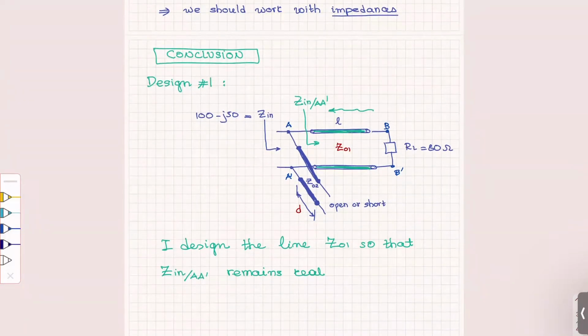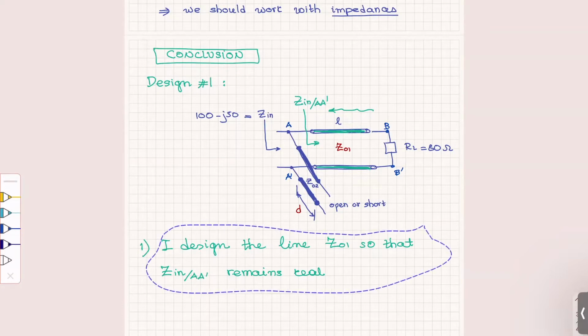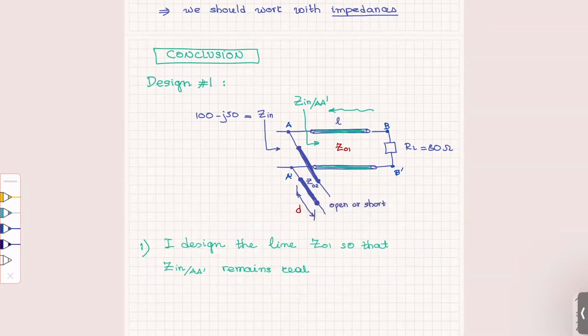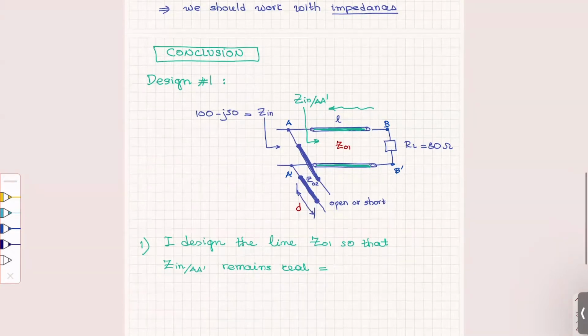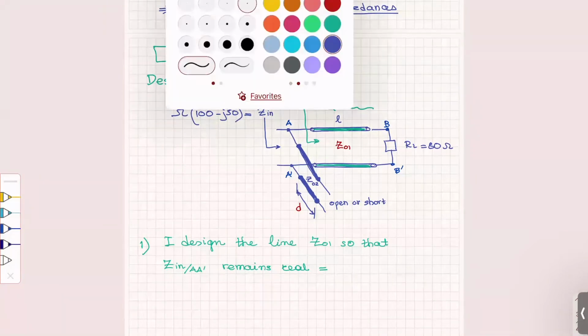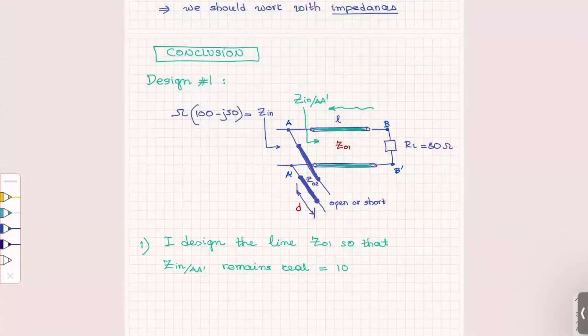This is just an outline of the design. So first, I design the line Z01 so Z input at AA prime remains real. And then, second, it remains not only real, but also equal to 100 ohms. Remember, these are ohms.